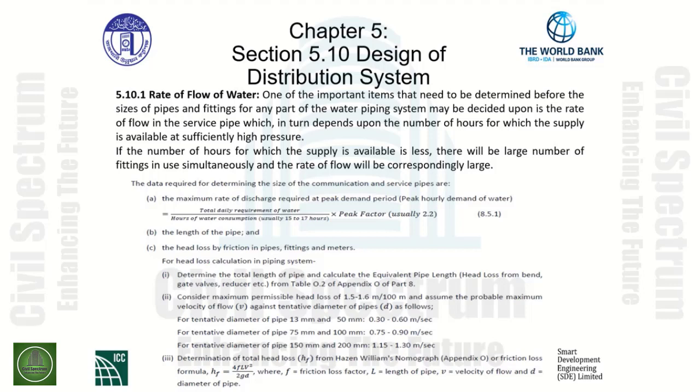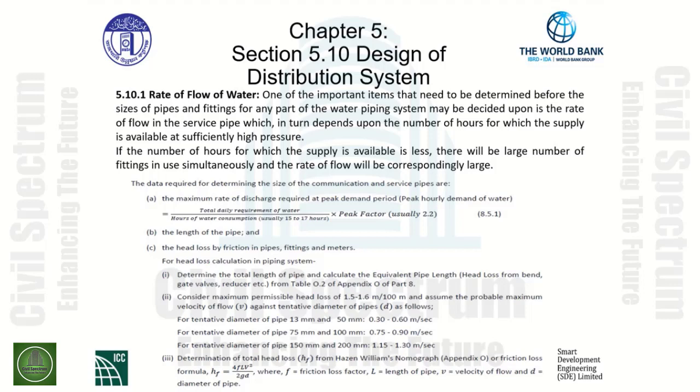If the number of hours for which the supply is available is less, there will be a large number of fittings in use simultaneously, and the rate of flow will be correspondingly large.